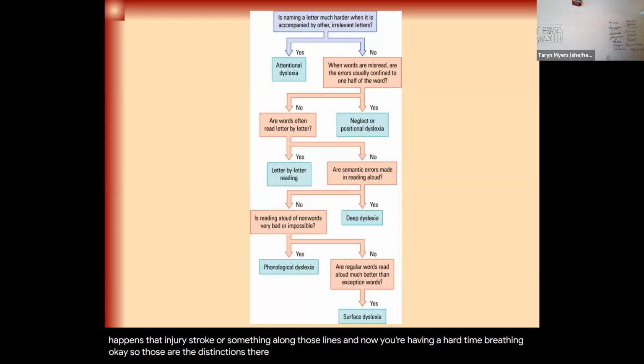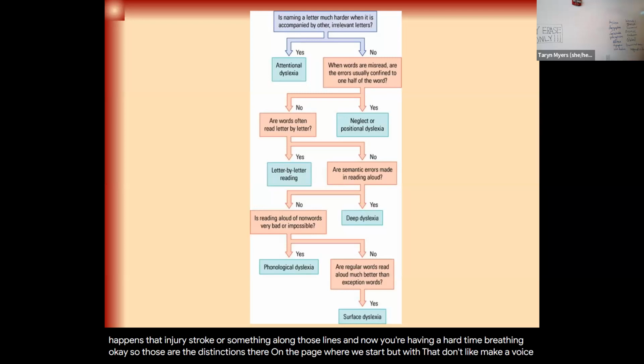So we start way above, I think, where people would typically think. We think of reading words on the page, right? We start with letters. If I put letters on a page in front of someone, is it harder to name a letter when it's surrounded by other letters that don't make a word? You're just talking letters on the page. If that is true, then you have something called attentional dyslexia.